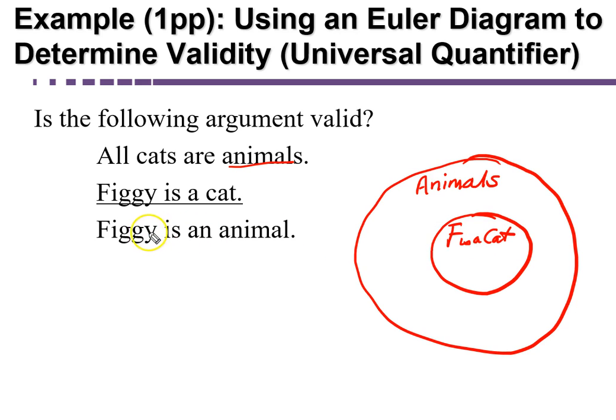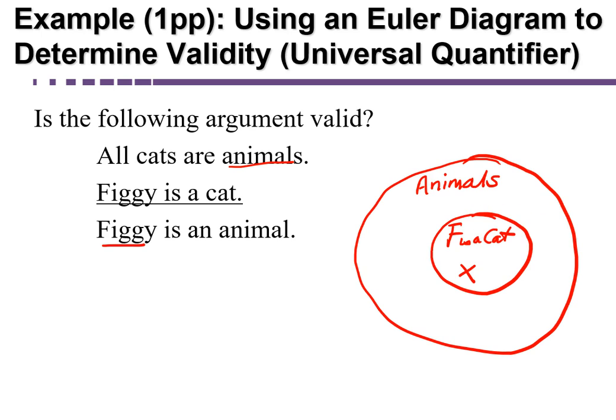So Figgy is an animal, we would put the X here to define Figgy's position within the Euler diagram. So this being fixed here makes this a valid argument.